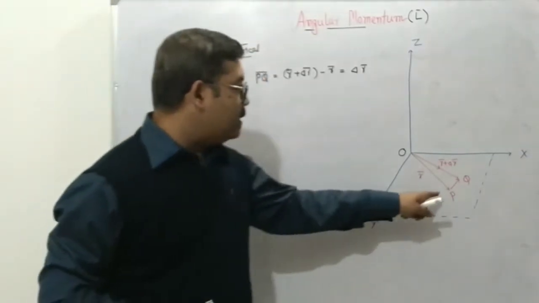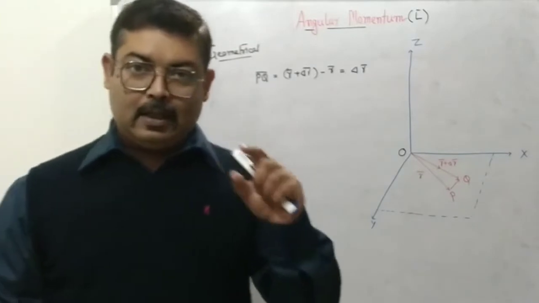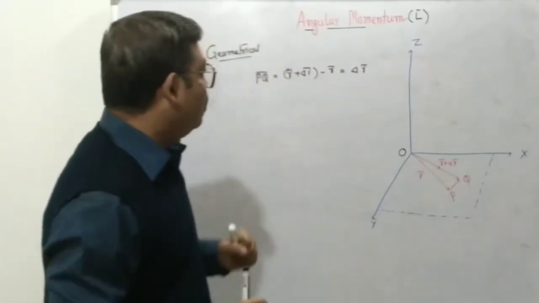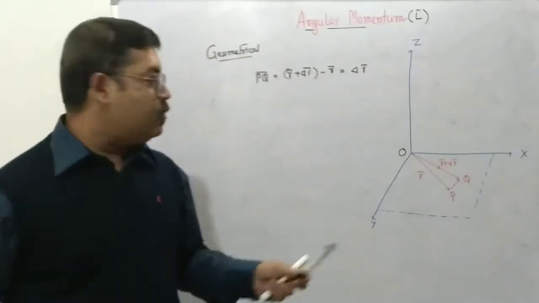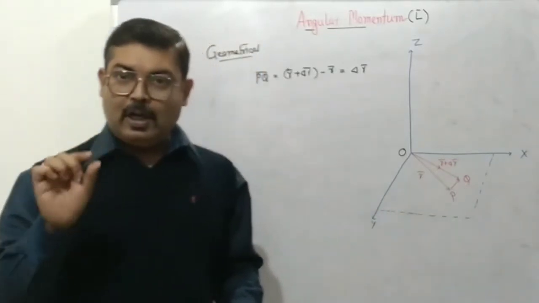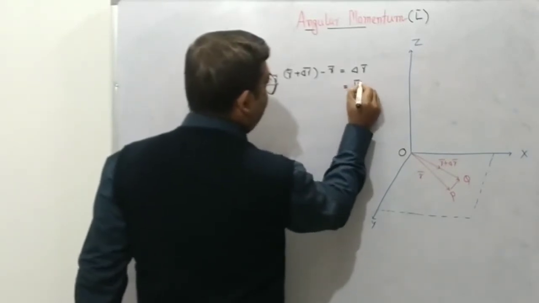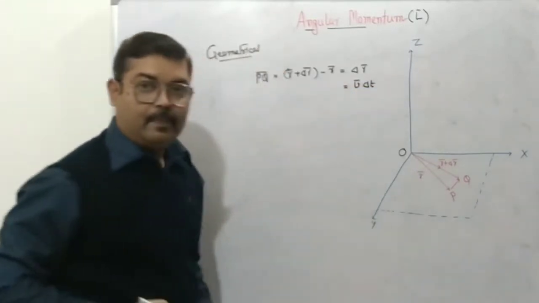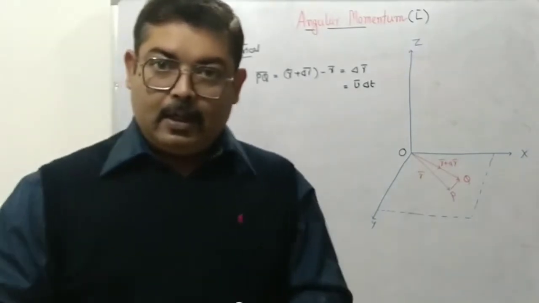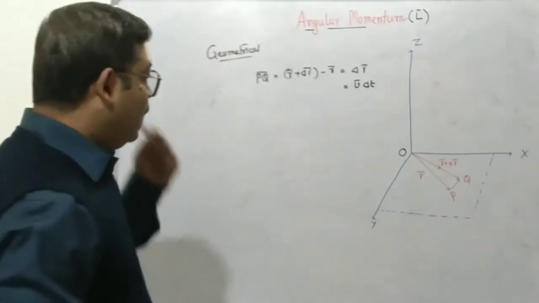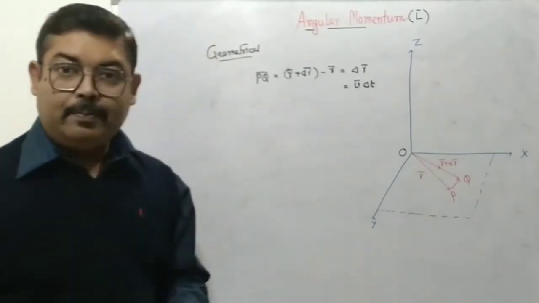It has taken a time of delta t to reach from P to Q. If v is the velocity, which we can consider constant for the small elemental displacement, delta r can be written as the velocity multiplied by delta t. Clear till now?